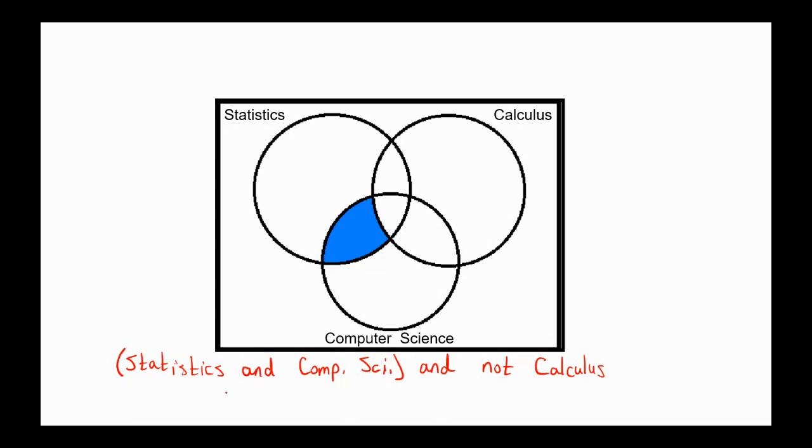Let's put this in symbols. We have statistics and computer science and not calculus. Again, you don't have to put parentheses around these first two, but you can. Because they're the same symbols, that's right.